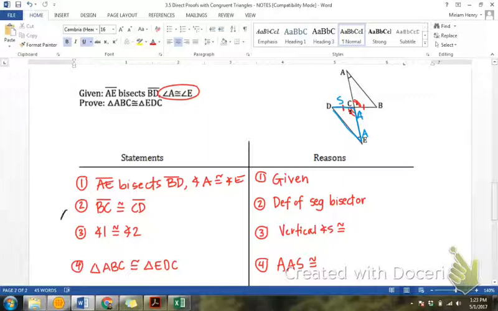Natasha on her paper has number 2 and 3 steps flipped. Okay? It's totally okay that they're flipped. We just got to get them into the proof. All right? And so as you're working these proofs, if you see vertical angles first, you can mark vertical angles and talk about that first, but you have to make sure you come back and get all the other valuable information.